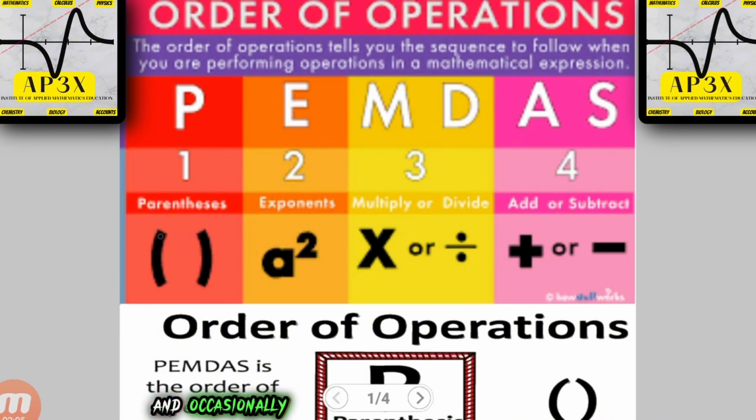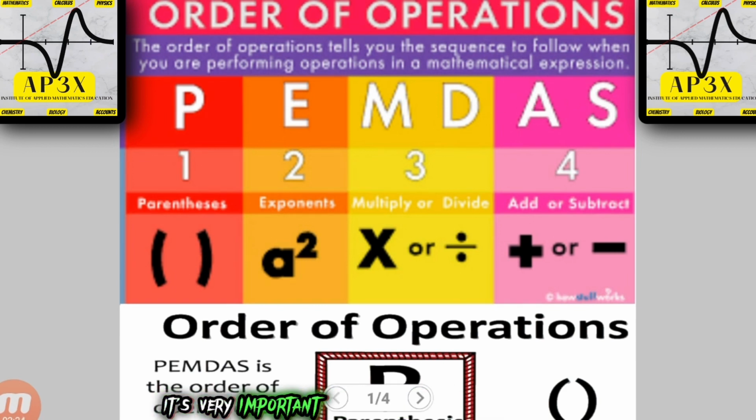And occasionally you will see square brackets, but square brackets are, of course, also used for grouping mathematical expressions. The E stands for exponent, which means that a number may be raised to a particular power. M and D stand for multiplication and division respectively. A and S stand for addition and subtraction respectively.